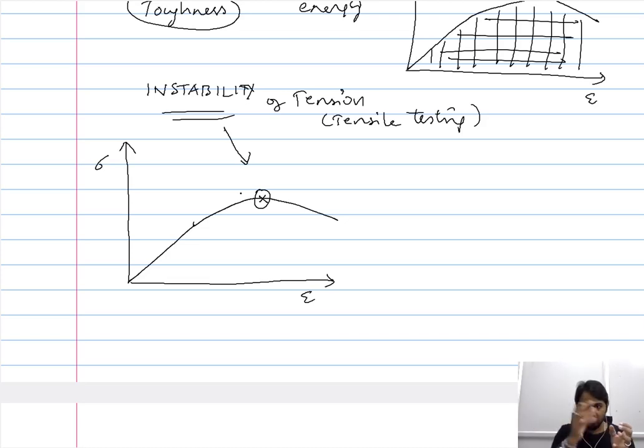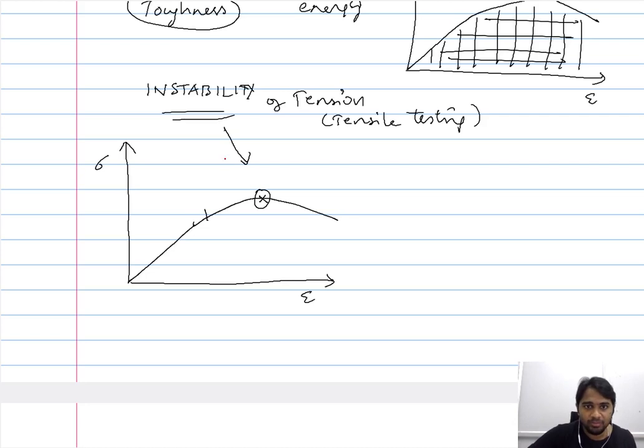So when you keep on introducing plastic deformation, the number of dislocations increases, and this restricts the movement of the dislocations. So in order to add to the existing strain, you have to increase the stress. That is the reason why you have a continual increase in stress.